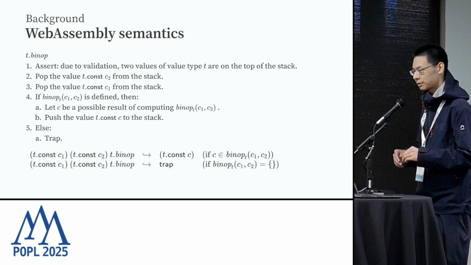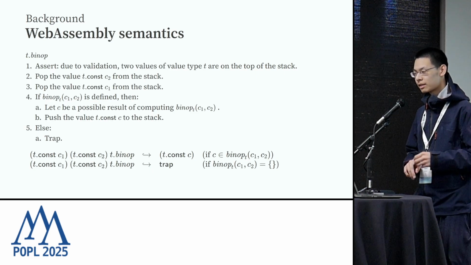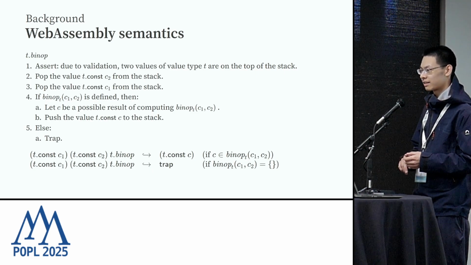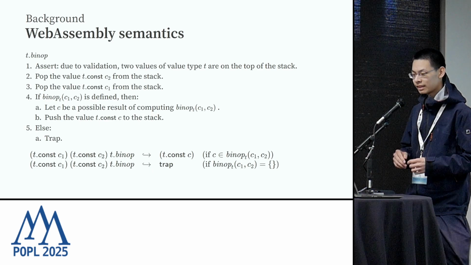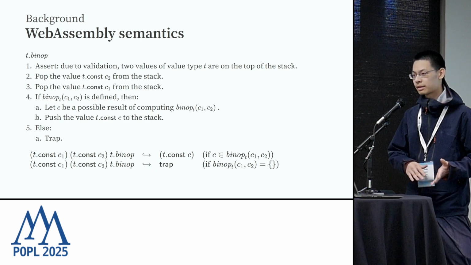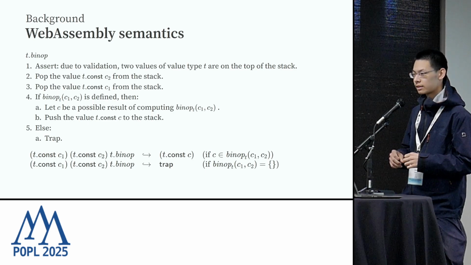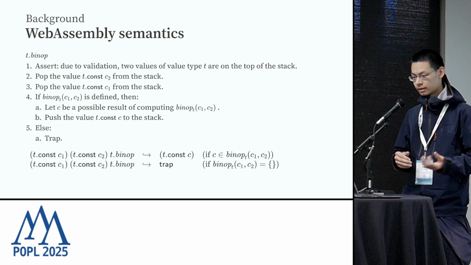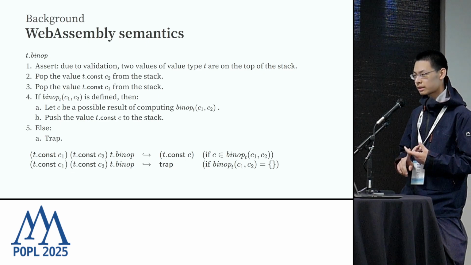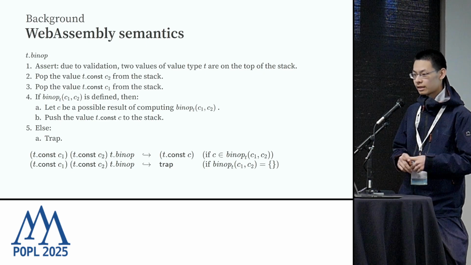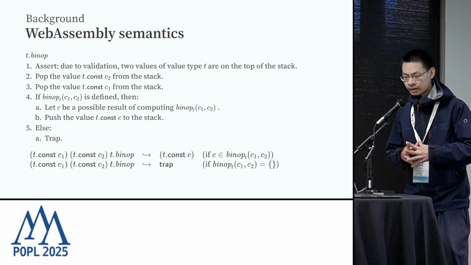So actually, there are two versions of the specification. The version shown above is what we call the prose semantics, and we also call that algorithmic semantics. And the version below, we call that declarative semantics. An important difference of the two is that the prose semantics, or the algorithmic semantics, has an implicit instruction sequence, while the declarative semantics has an explicit instruction sequence.